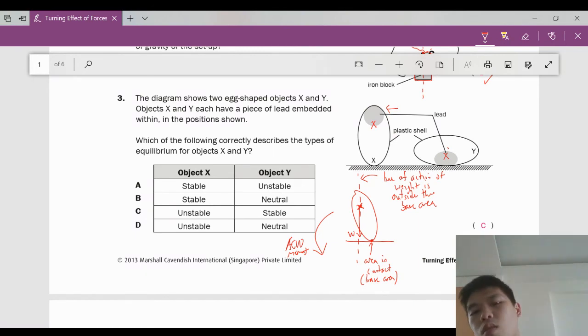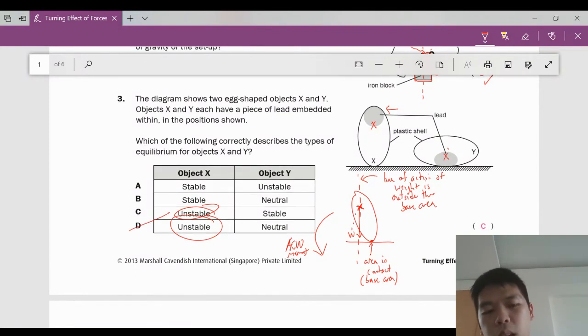So in this case, this will be unstable. Another clue is also to look at center of gravity. One moment it is high, next moment as it falls, your center of gravity will drop. Center of gravity gets lower and lower as another sign of being unstable.